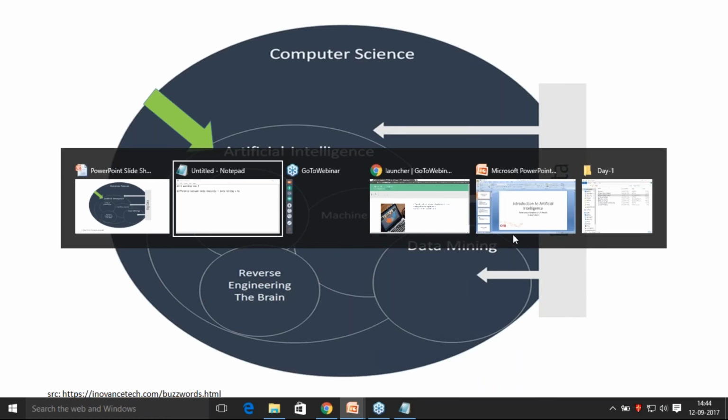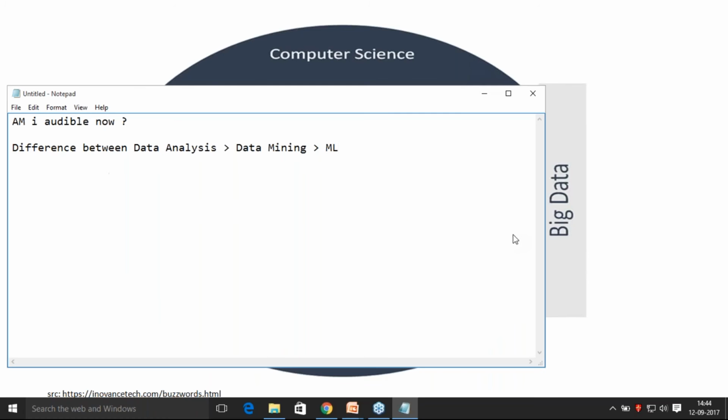For data mining, the open source tool available to us is called Weka. Once we have our data in CSV or RDBMS format, we can use this tool called Weka. It's a data mining tool, and it's completely free and open source.